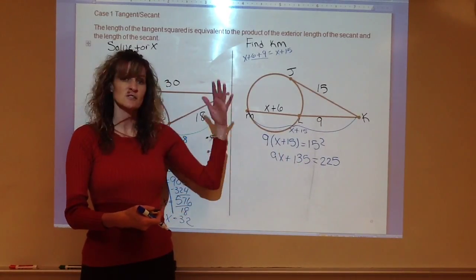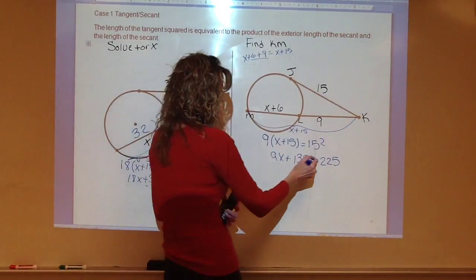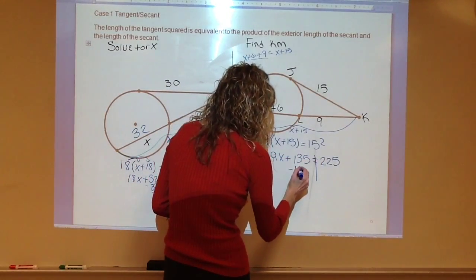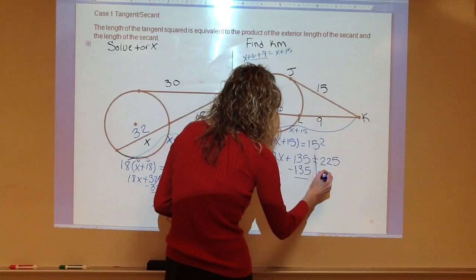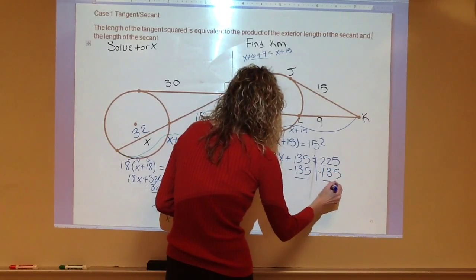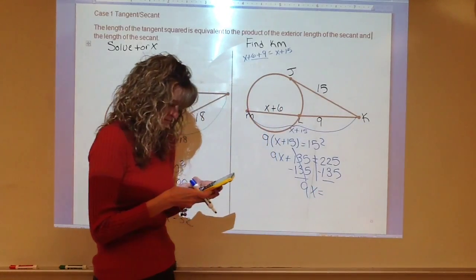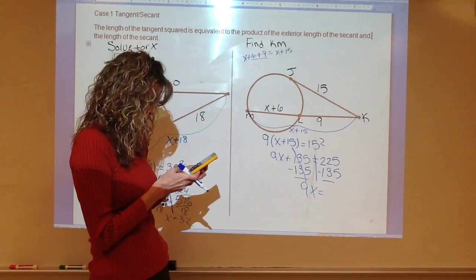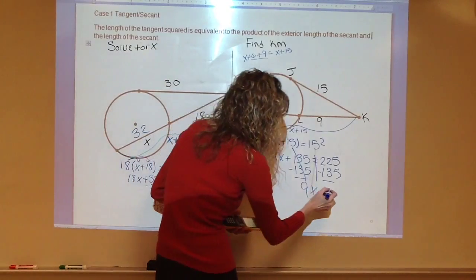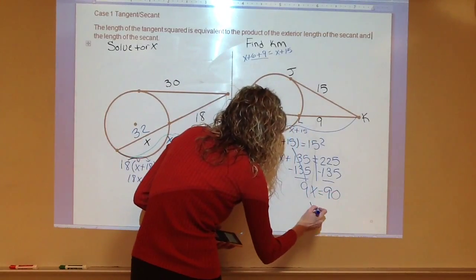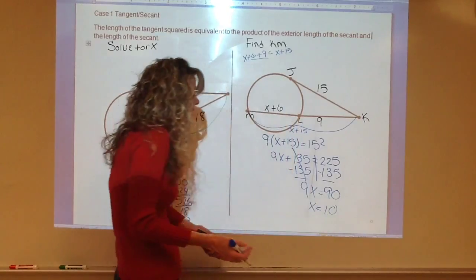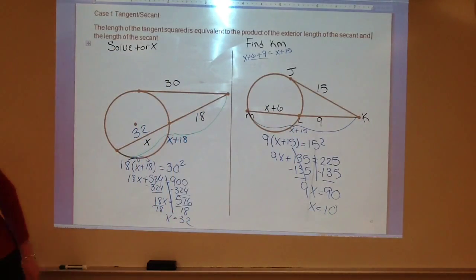And I'm going to solve it, just a basic two-step equation. So I'm going to subtract 135 from both sides. Over here, you're left with 9x. And over here, you're left with 90. So when you divide by 9, you get 10. But that's not the question.